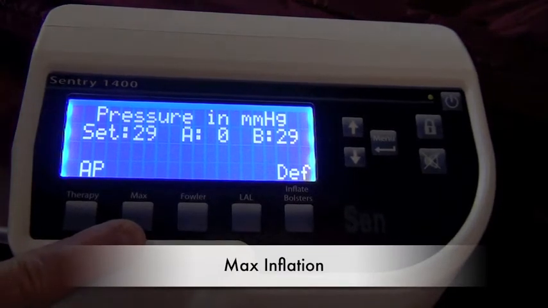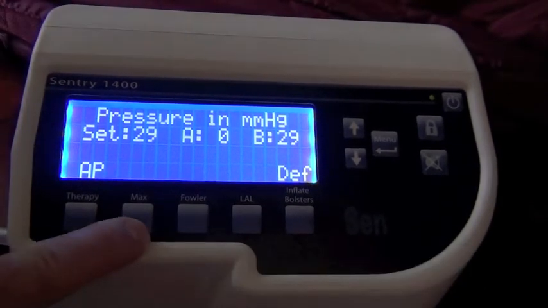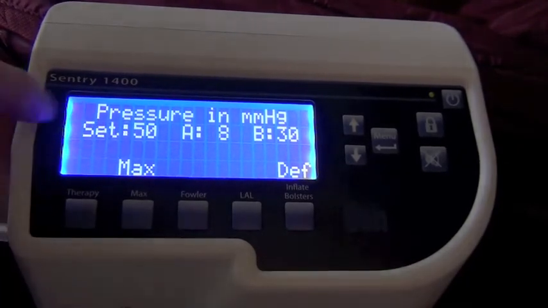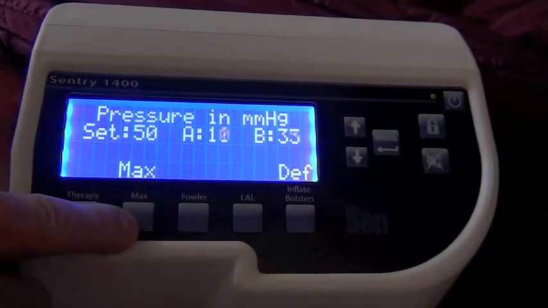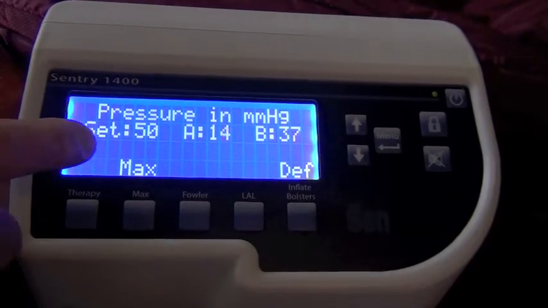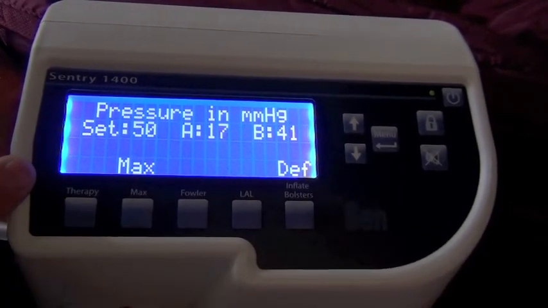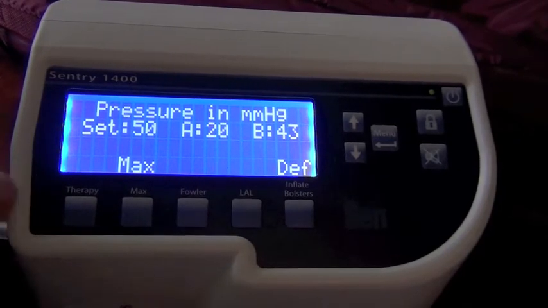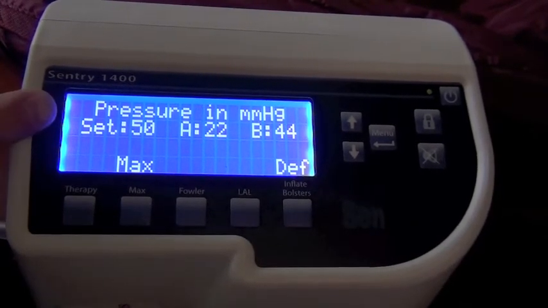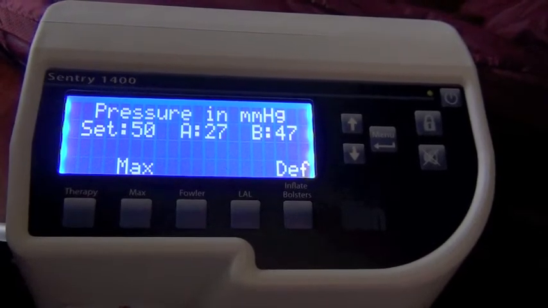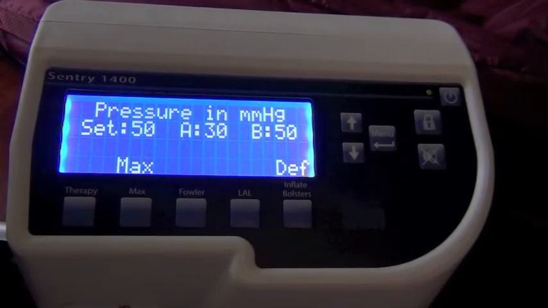Let's move down the ladder here. The next button is called Max. And when we push maximum inflate, the first thing you notice, our set pressure goes to 50. And what Max does is it makes the surface uniformly firm. A setting of 50 is firm, and the system is rated to 500 pounds. So a setting of 50 in the Max is going to provide a firm surface even for someone of that much weight.